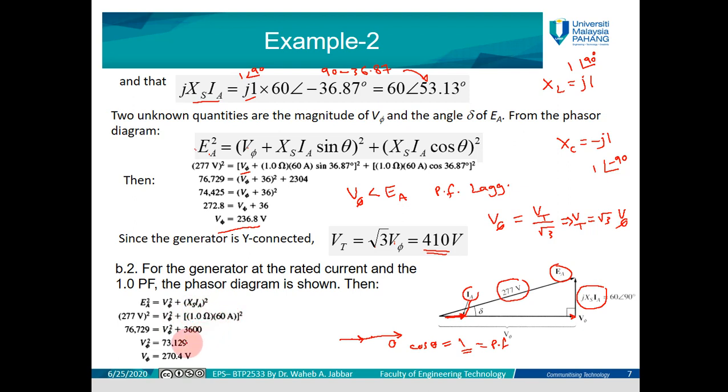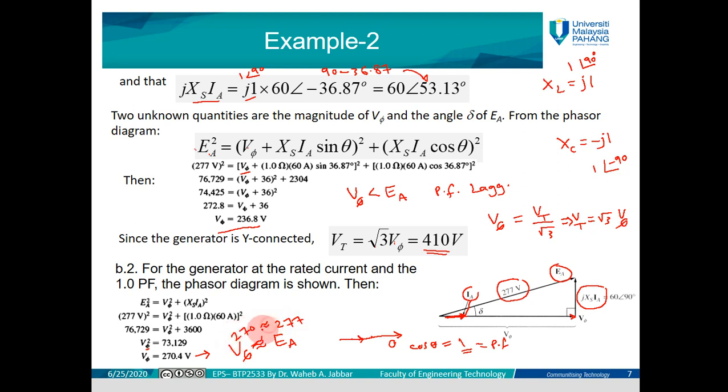You substitute, you solve for V phase, and you find the value of V phase is equal to 270. So you can see here the value of V phase is 236 in the case of lagging. Here the value of V phase is approximately near to EA because the power factor is equal to 1. So almost V phase equals EA. EA is 277 and here V phase equals 270.